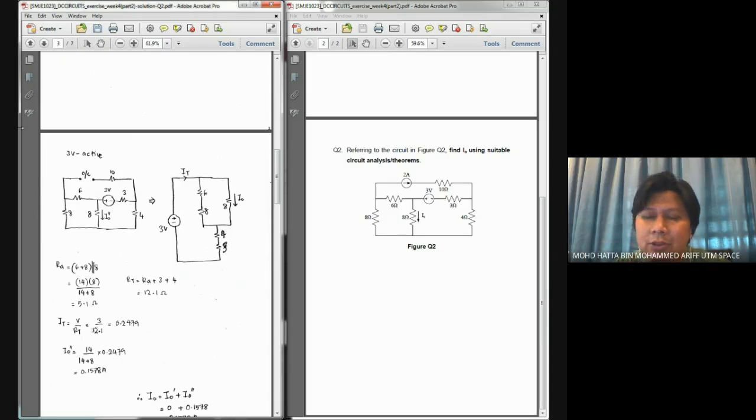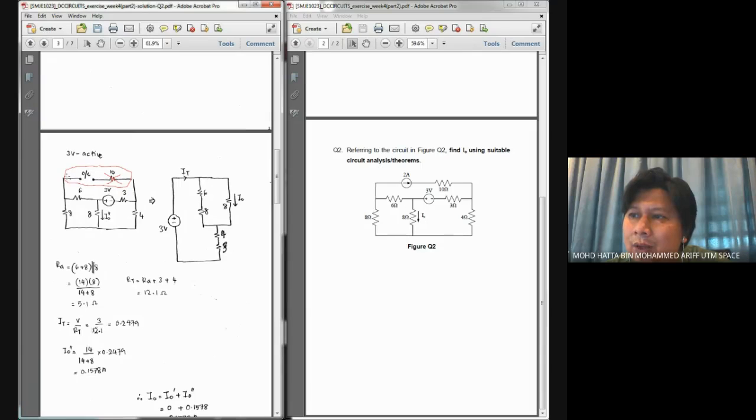You should consider only one at a time. So now, based on this circuit, I try to simplify it back. If you look at the simplification, this part is considered negligible because we have open circuit over here. So this resistor can be neglected.